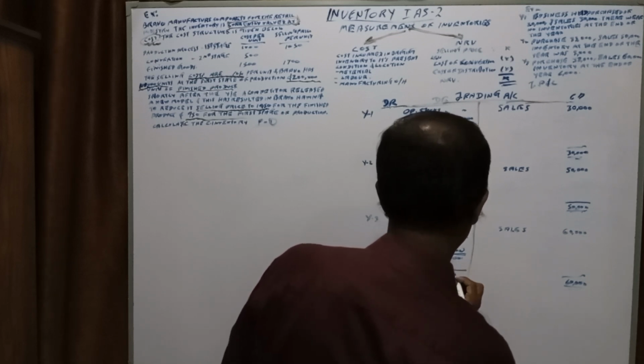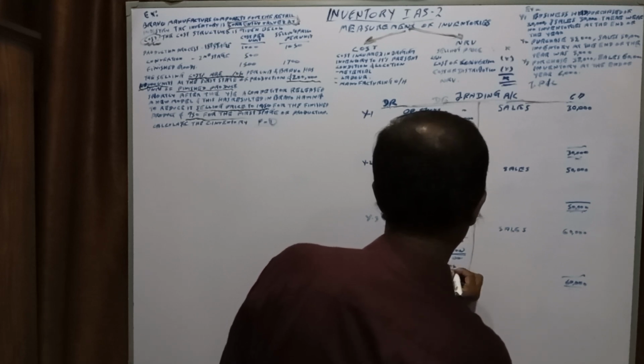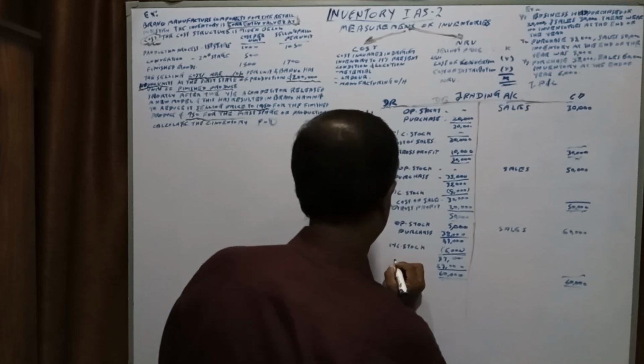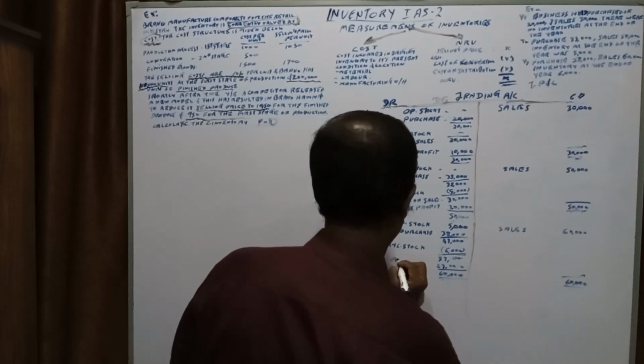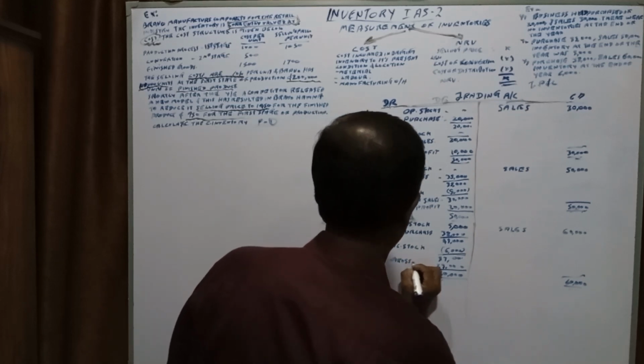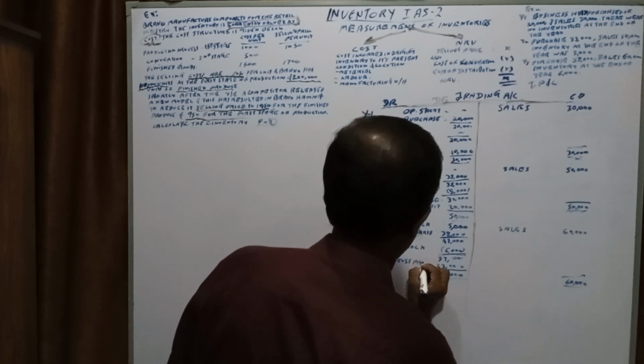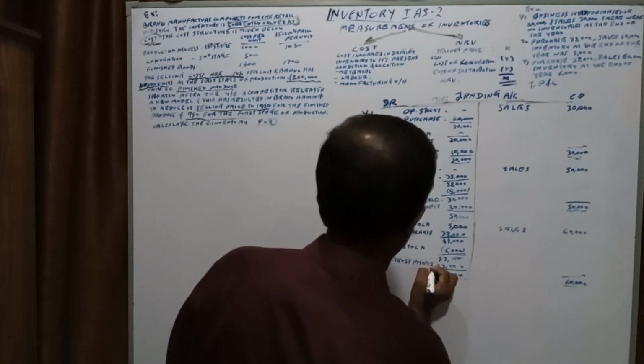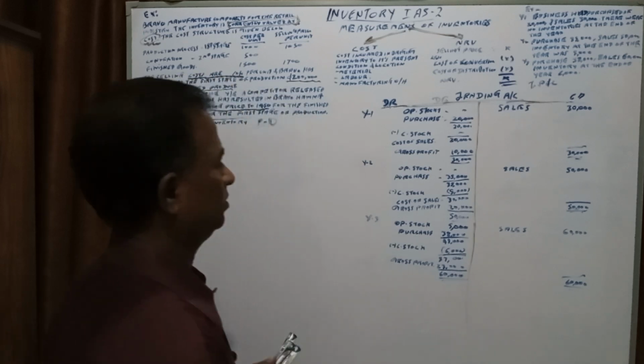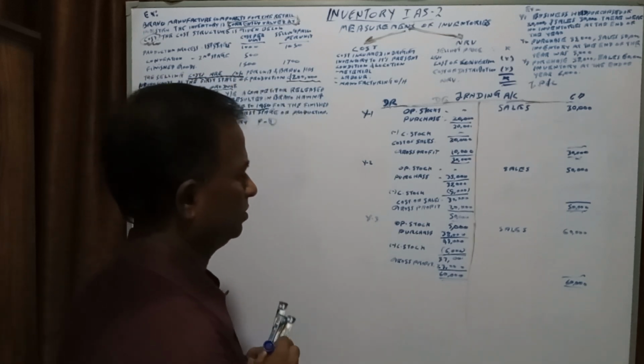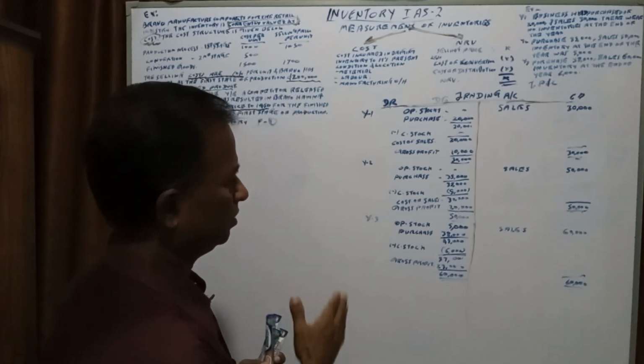And 23,000 is the gross profit. It's the gross profit. Understood? This is the gross profit.